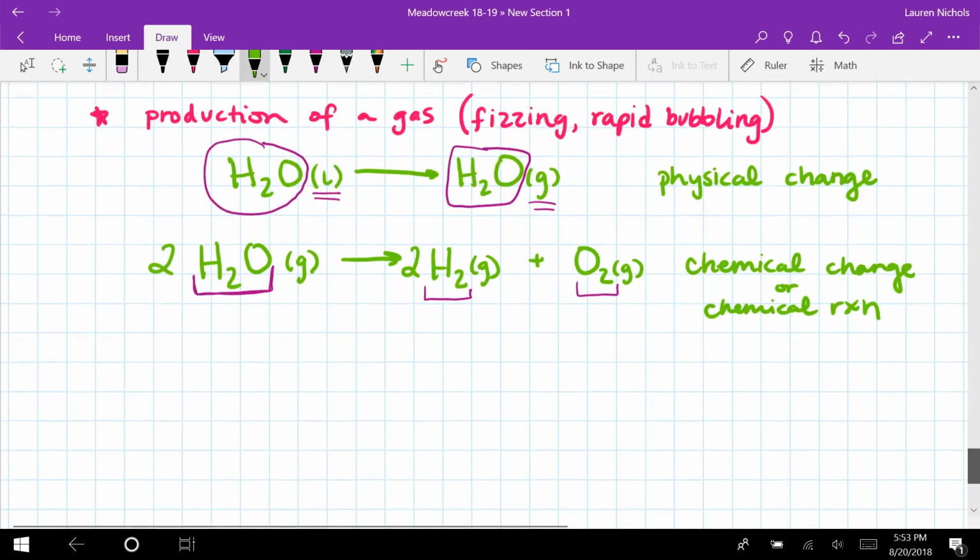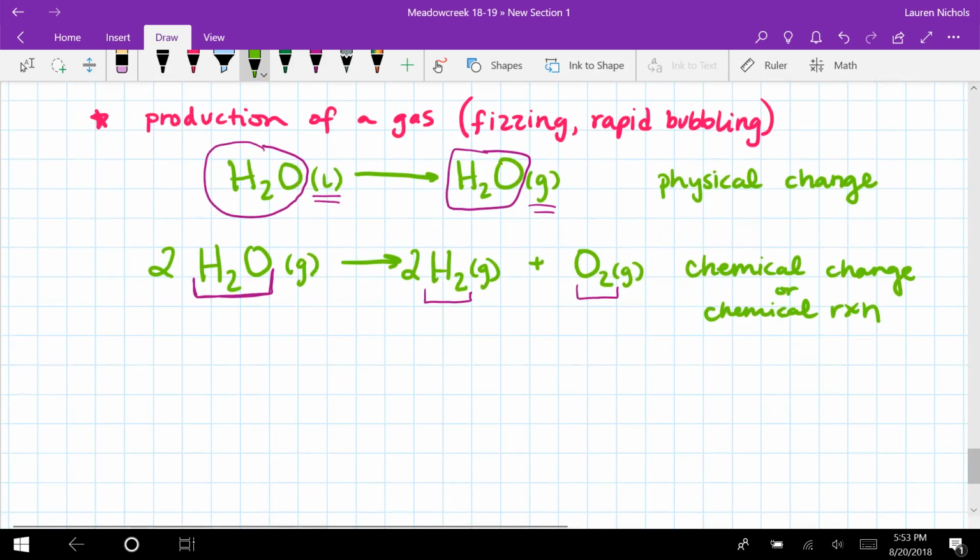Another way that we might look at actual equations to tell is, let's say I look at that potassium iodide again. Let's say we have potassium iodide, and AQ means aqueous.